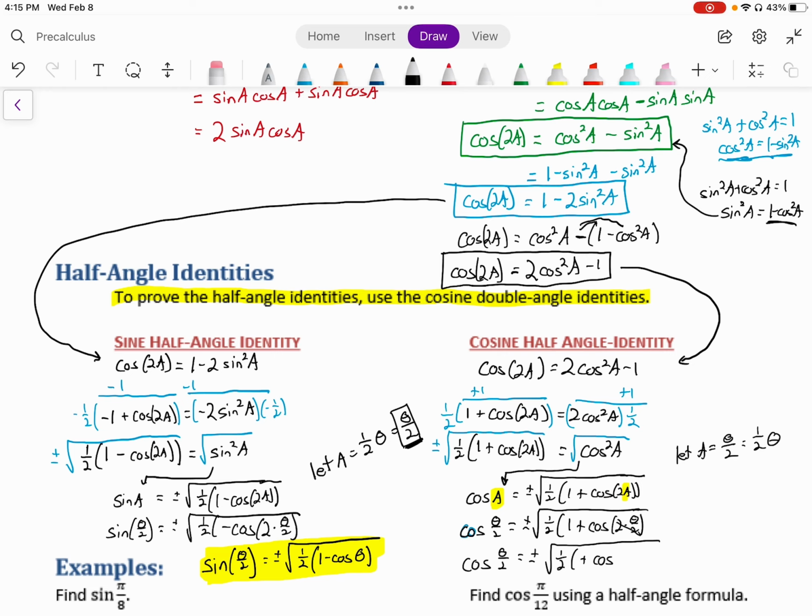The 2's cancel, so cosine of just theta. And that is our half angle identity for cosine.